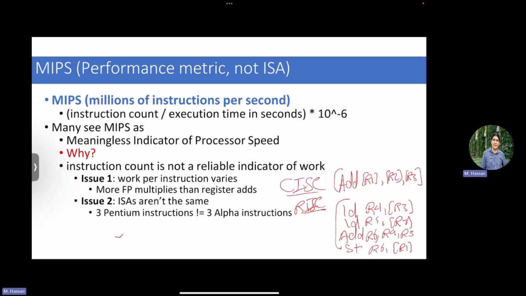So even in MIPS, we said the add might take 1 cycle, but doing a floating point division might take 20 cycles. Doing a load store operation from the memory that is a miss might take 100 cycles, right? So even within the same ISA, different instructions do a different amount of work. So they are not equivalent. And for that reason, only using MIPS as a metric is not really very representative.